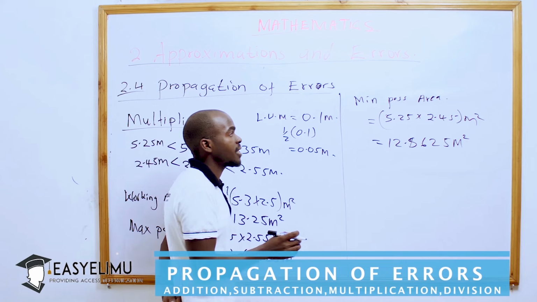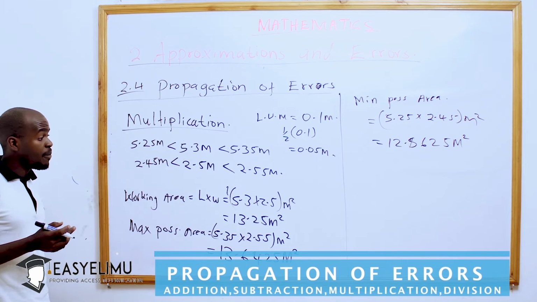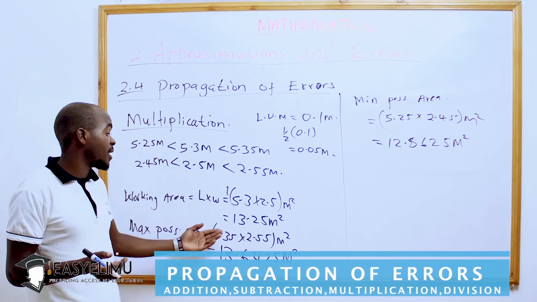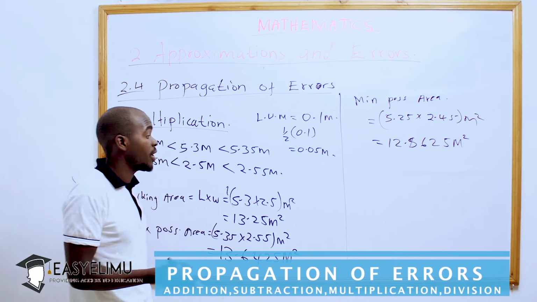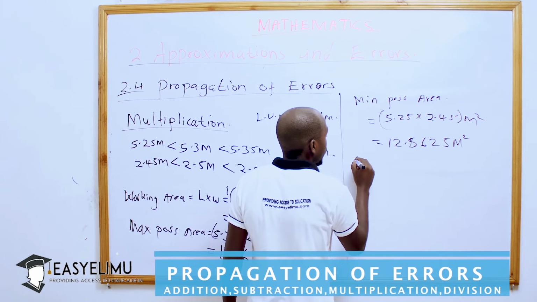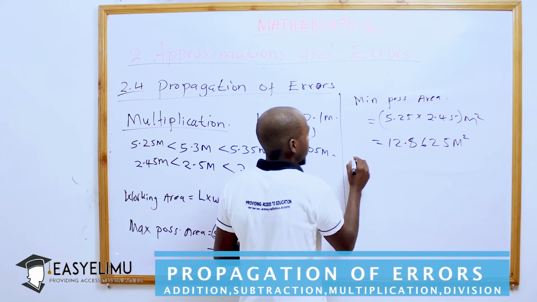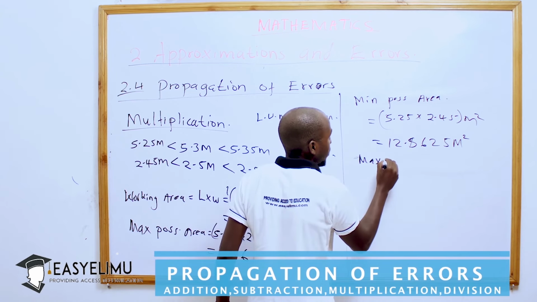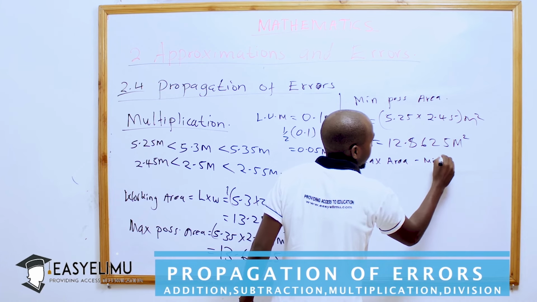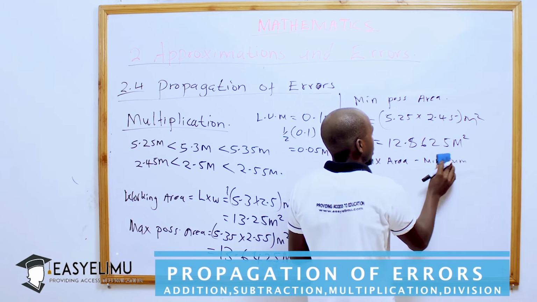For this, we see that the products for the maximum and the minimum are not the same. Meaning, if we do the subtraction, we are not going to get the same things. In case, let's just see. We can take now absolute error, but before that, we shall take maximum area minus minimum area. Actually, let's start with the working area.